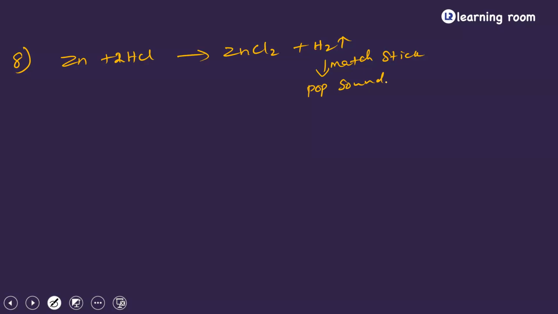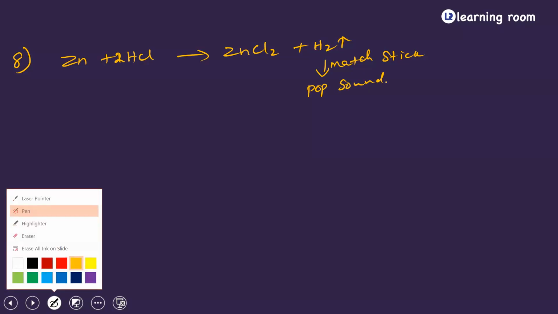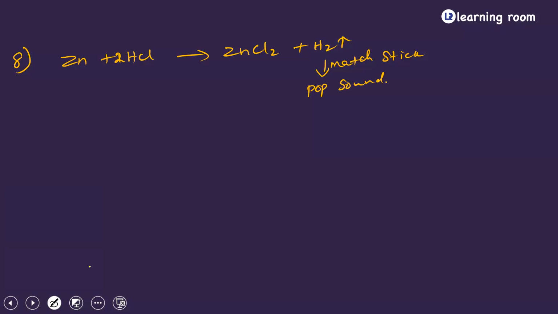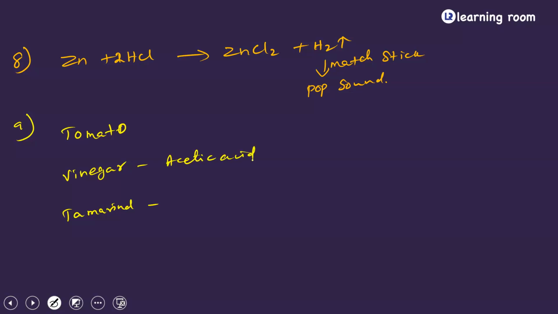And then name the acid which is present in the following. Tomato, vinegar, and then tamarind. Vinegar, acetic acid, correct.